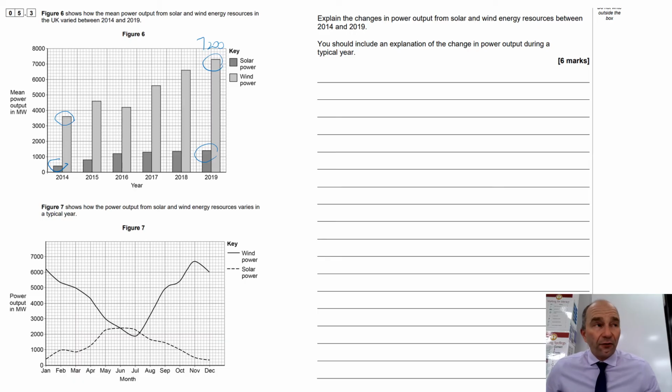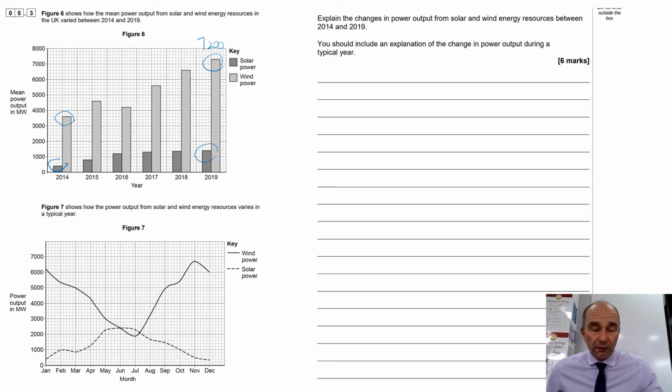So if you're after those 6 marks, you need to be not just describing the 2 graphs, that's your level 1. The comparison between the solar and wind would get you into level 2, but you need to be explaining why the differences.